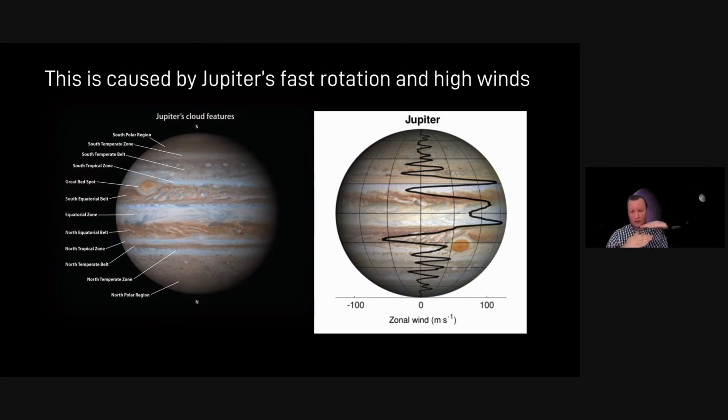And the winds alternate forward and backwards as you work your way across the planet. And that's what causes these bands to form and what causes these shear layers in between them. And it causes also a lot of mixing in Jupiter's atmosphere. So the components of Jupiter's atmosphere, they're always being stirred, and there's a lot of mixing around happening, and things are being dredged up.